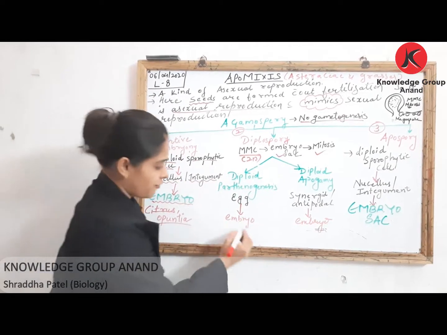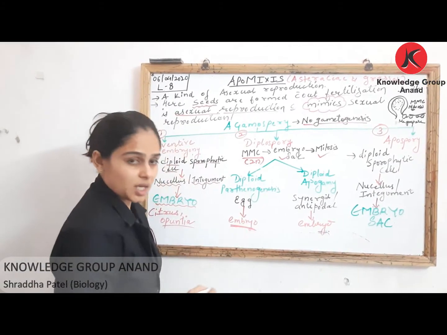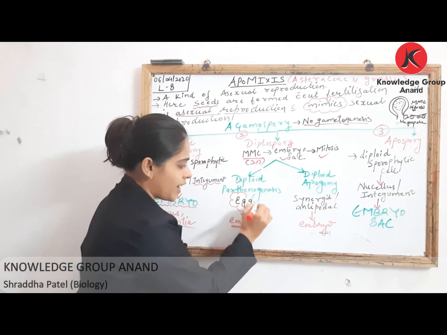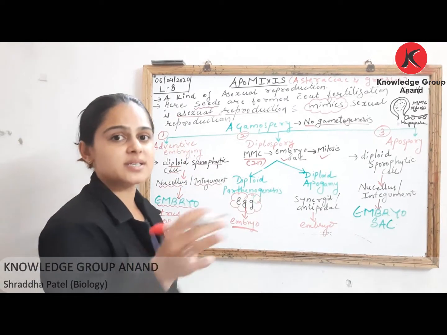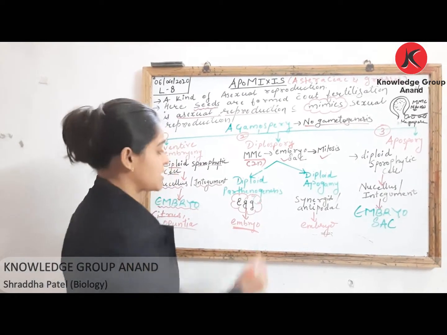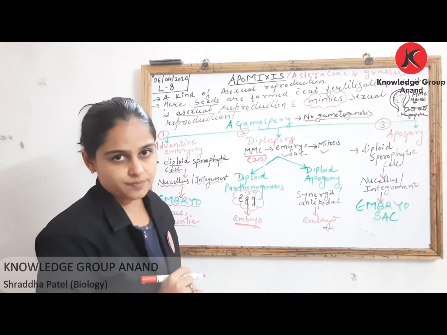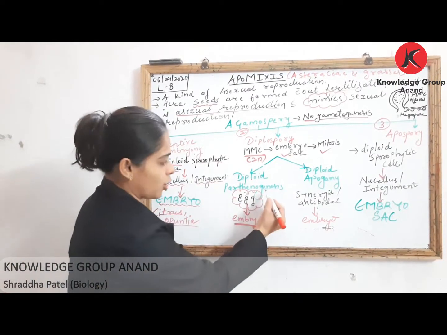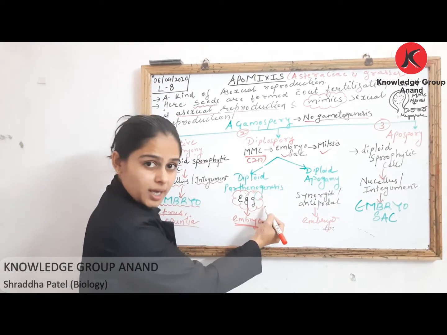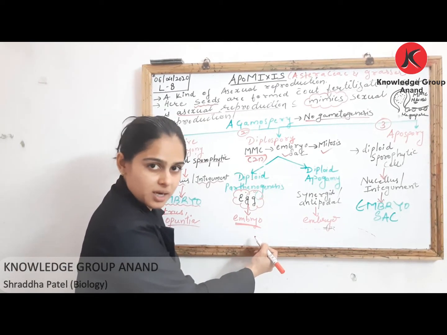Now if embryo is formed from egg, egg में से embryo बने तो इसको कहा जाता है diploid parthenogenesis. So what is diploid parthenogenesis? In which egg produces embryo. Am I clear?